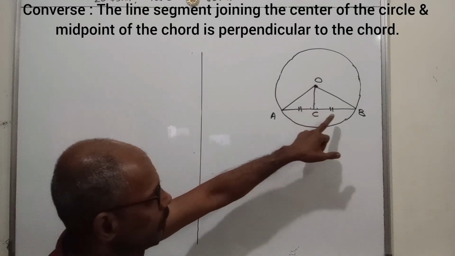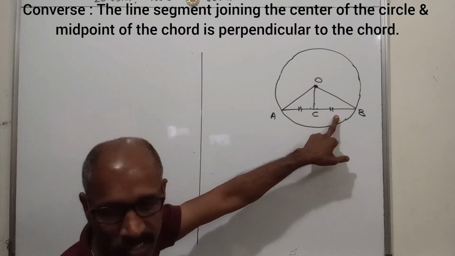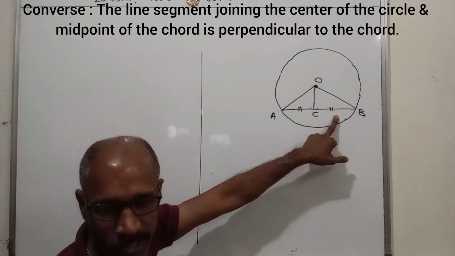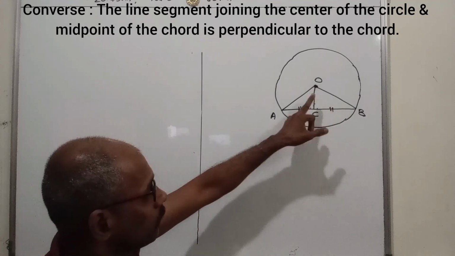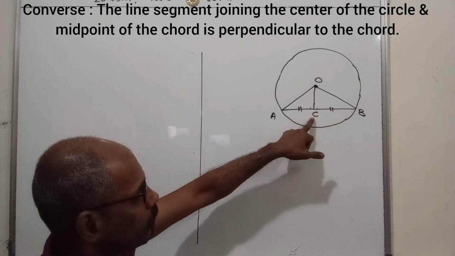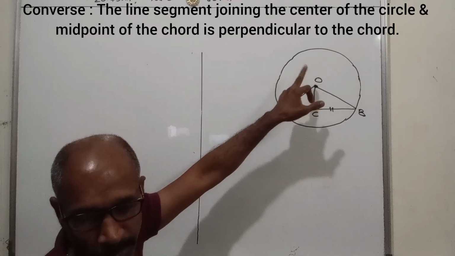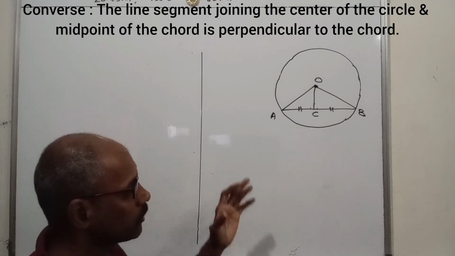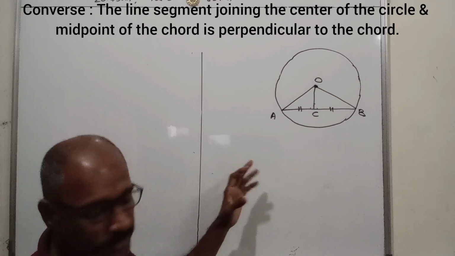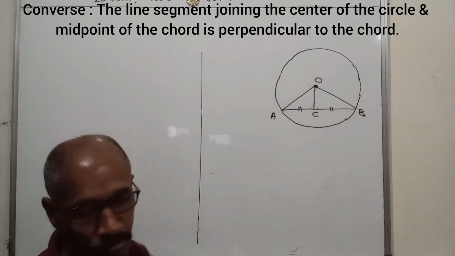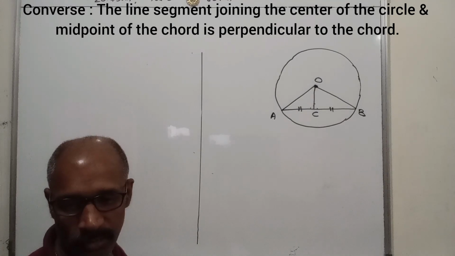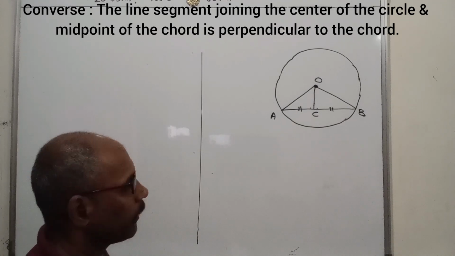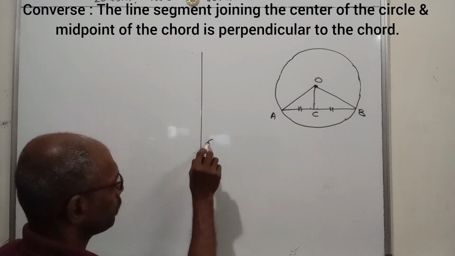So AC is equal to BC. Did you get it? Joining the midpoint of the chord is perpendicular to the chord. Is perpendicular to the chord means show that or prove that this OC perpendicular chord AB. Did you get it?